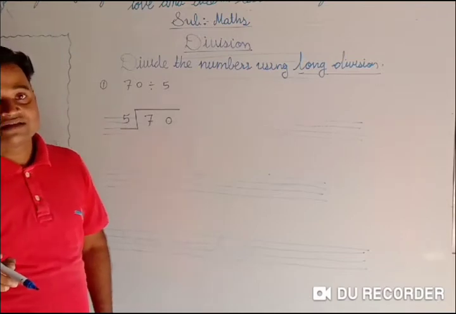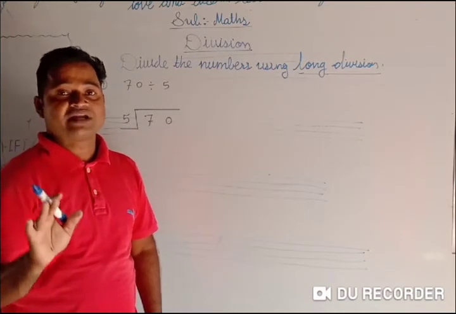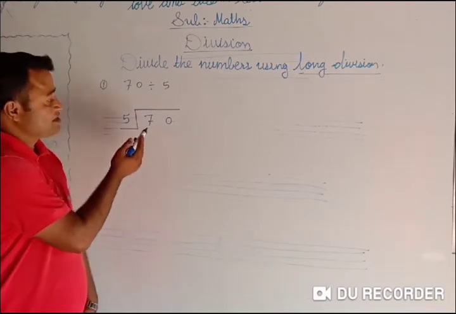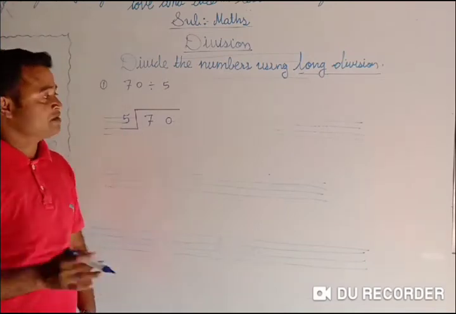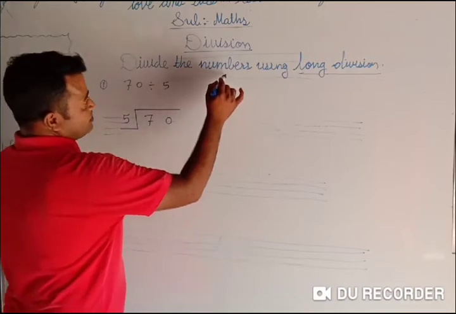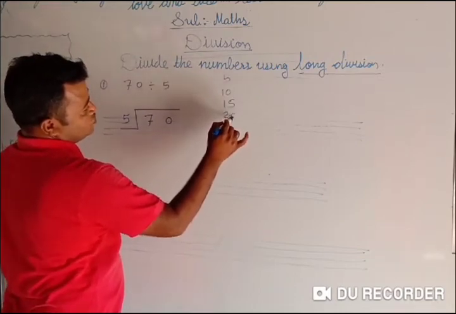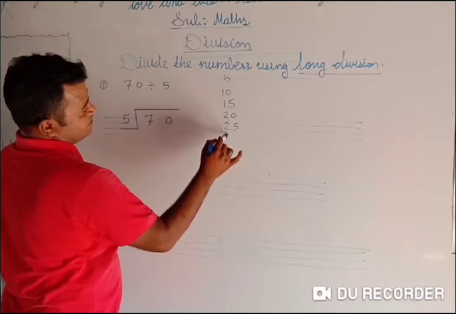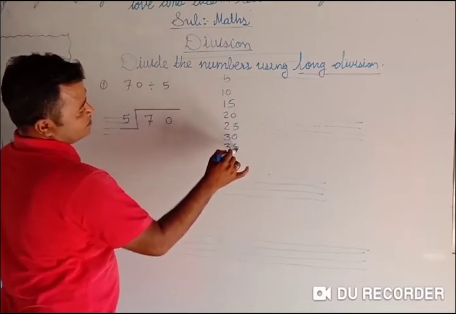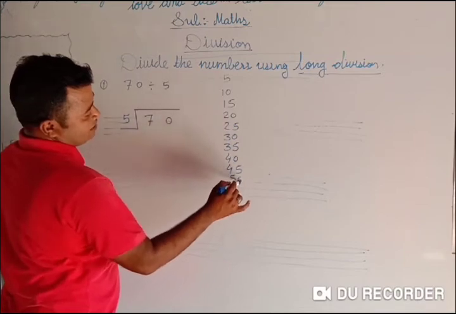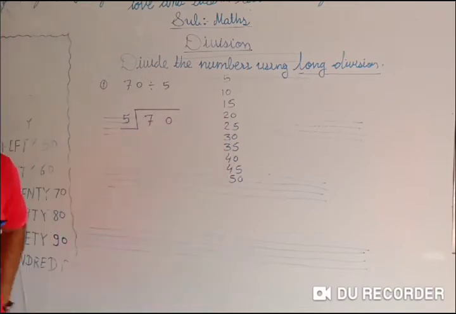Let us understand the steps very properly. Now, my dear kids, first we have to divide 7 by 5. If you have a problem with the table, you can add the table of 5 here: 5, 10, 15, 20, 25, 30, 35, 40, 45 and 50, which is 5 times 7.